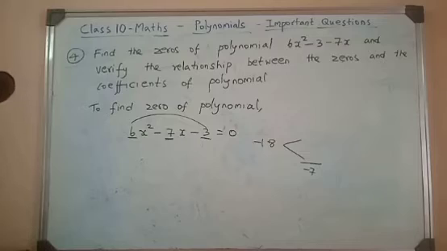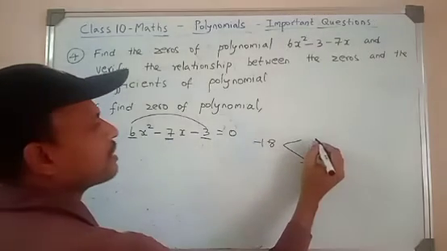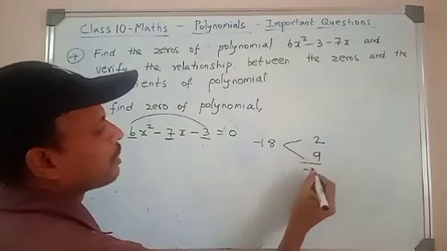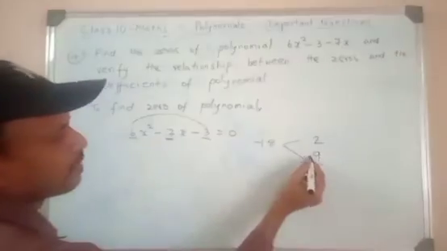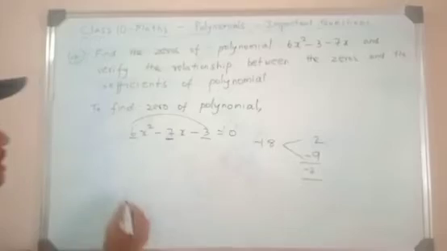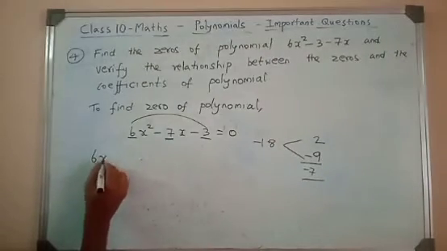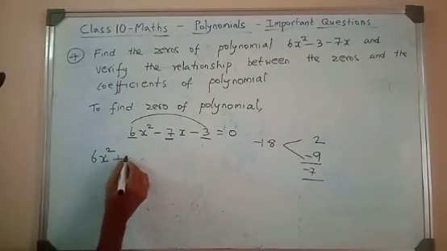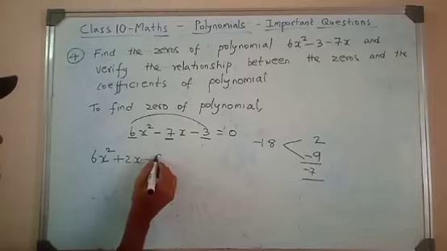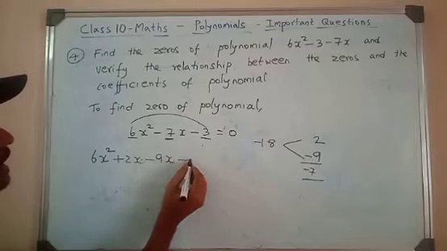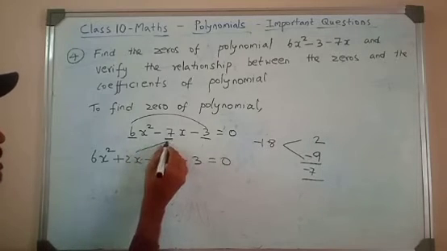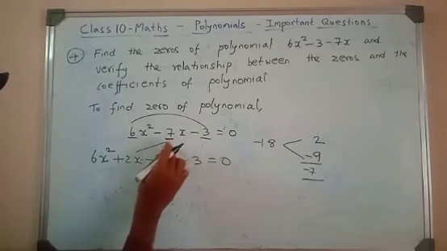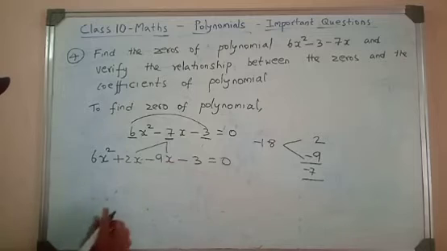So the factors of 18 are 2 into 9. We can put a minus sign on the greater number to get the minus 7. So 2 minus 9 is minus 7. Now 6x square plus 2x minus 9x minus 3 is equal to 0. This minus 7x is only written as plus 2x and minus 9x.